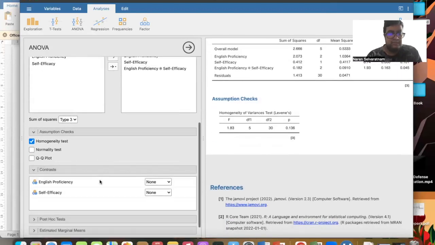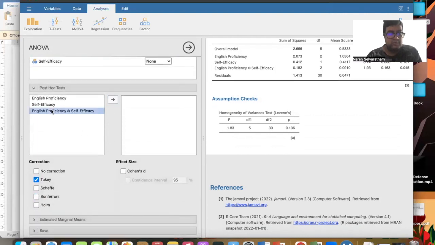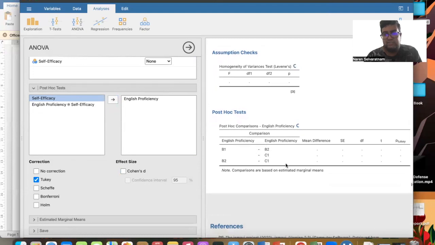And then post hoc tests. If you need, you can just take it for English proficiency. These are the differences. You can select Tukey.